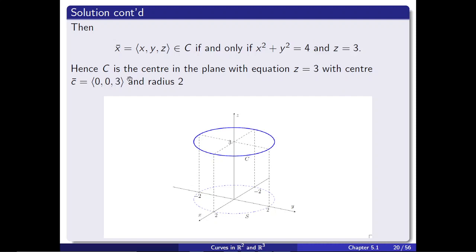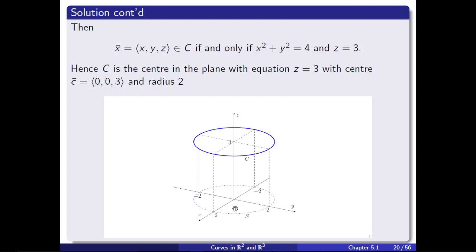So hence C is the circle in the plane with equation Z equal to 3, with center (0, 0, 3) and radius 2, right? Because we know that that is just a circle, but we are told Z is always equal to 3.